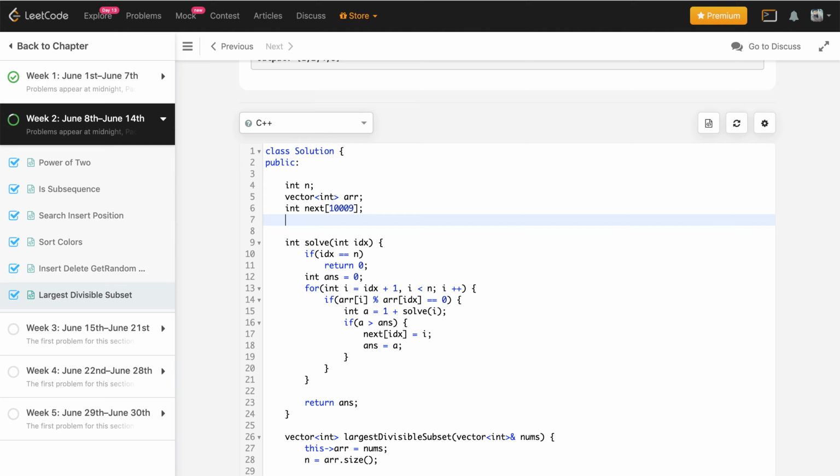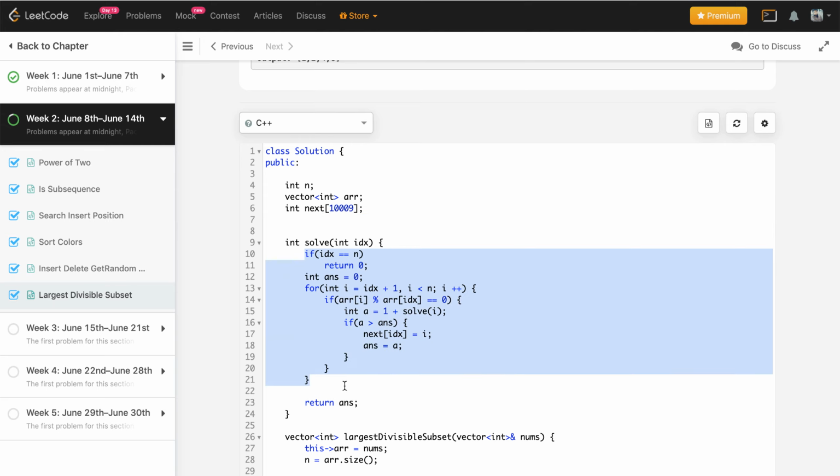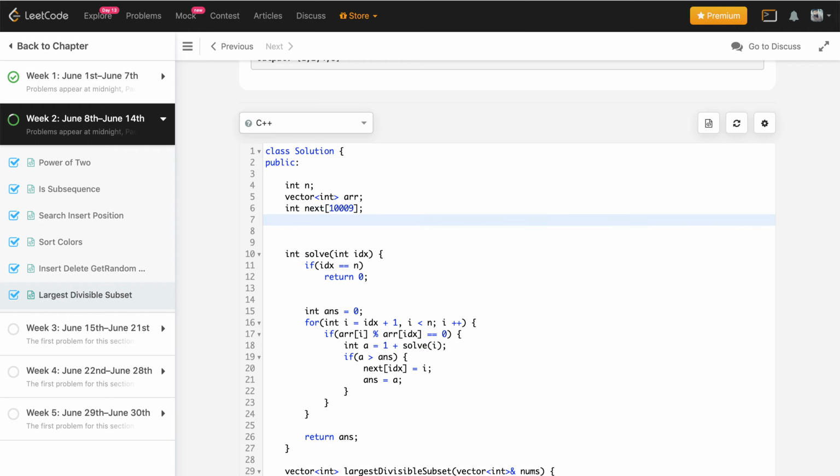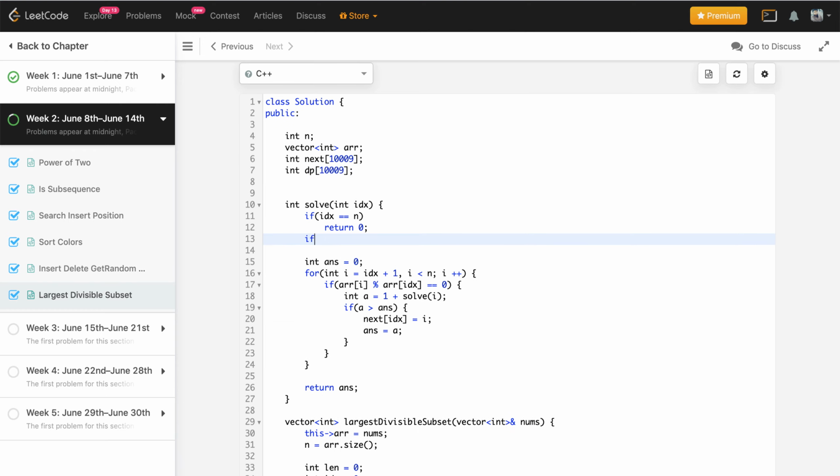And also we can see that this particular problem is basically a dynamic programming problem, because we are able to divide it into subproblems, and if we draw a decision tree, we can see that these subproblems are overlapping. So we can also keep a dp array, and we'll see if dp of idx is not already seen.